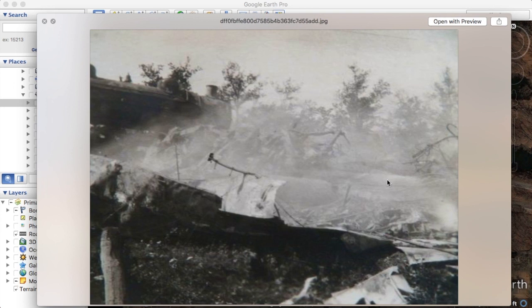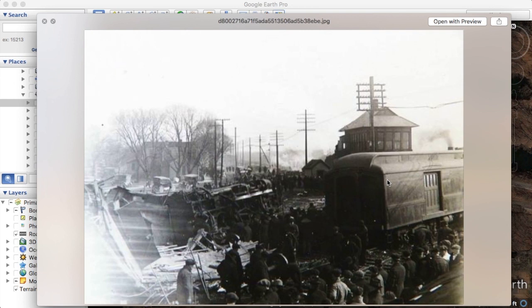So it's not a very good shot here, but you see the smoke. Now they said this was Ivanhoe Tower back here. Well, I'm not too sure about that. This might not be a photograph of the Hagenbeck-Wallace accident at all.